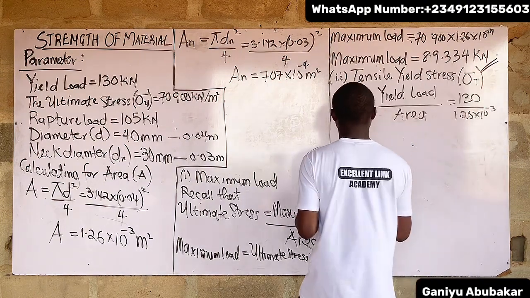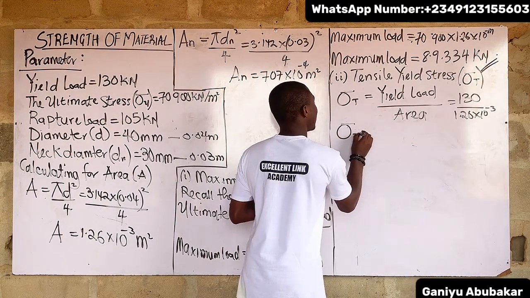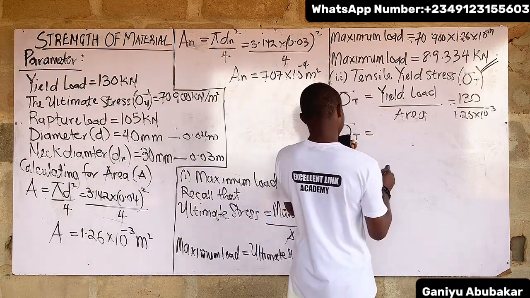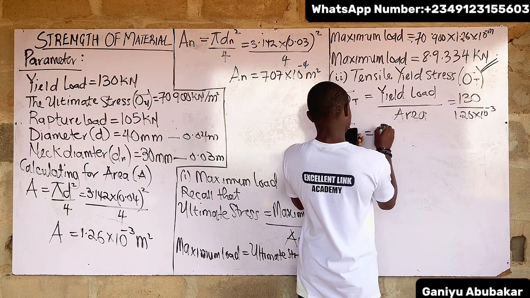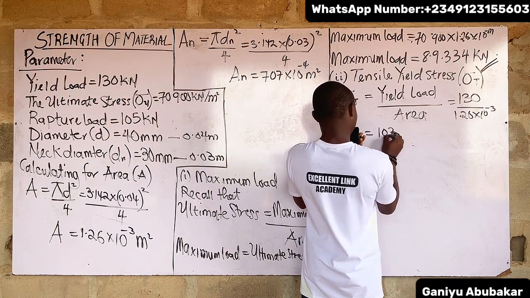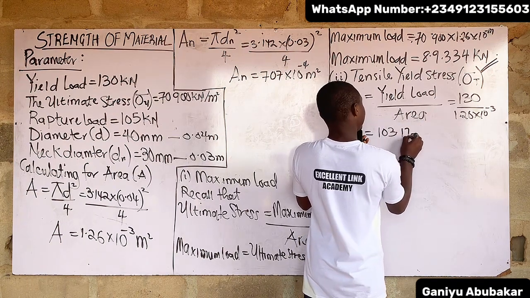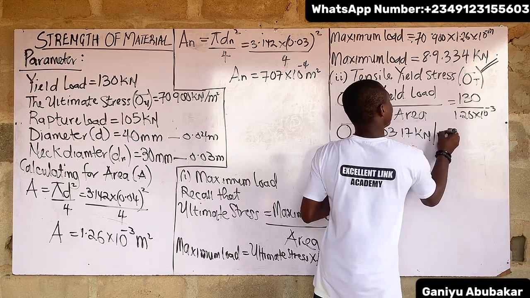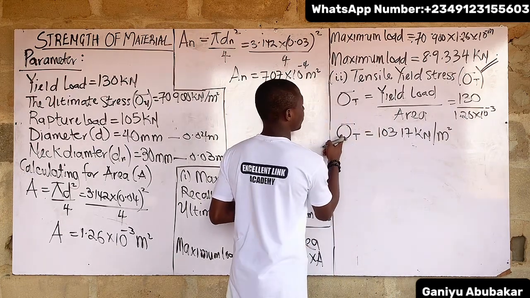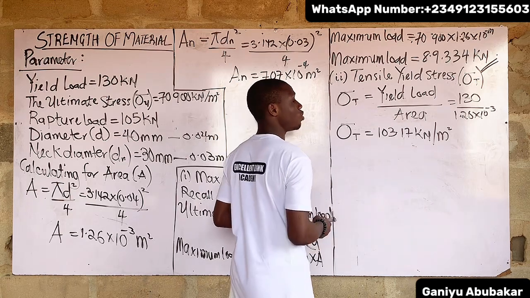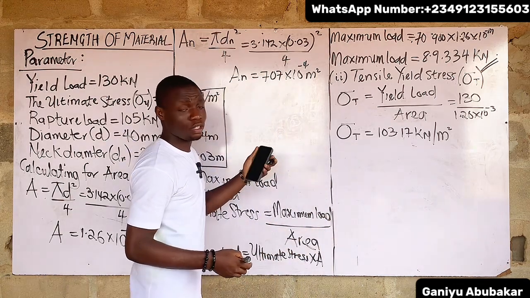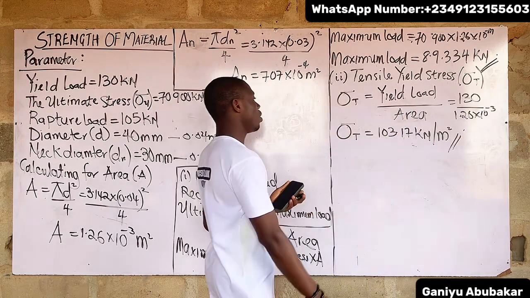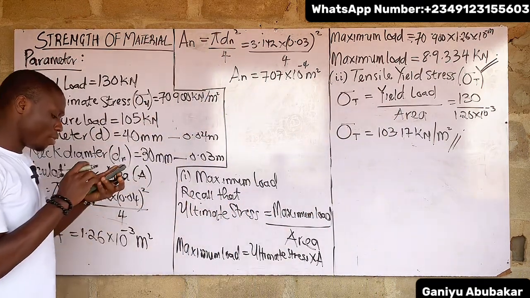From here, I will have that my tensile yield stress will be equal in value to 103.17 kilonewton per meter squared. Observe, this is stress, and stress is measured in kilonewton per meter squared. So this becomes my SI unit. This becomes the answer to the second question there.